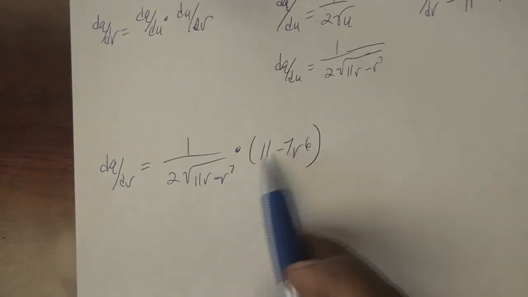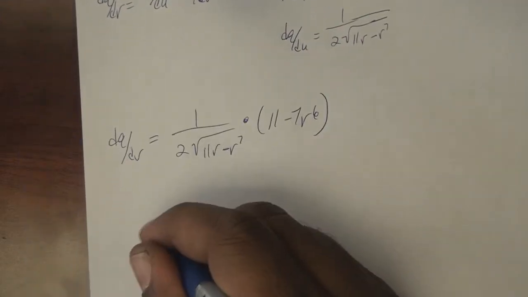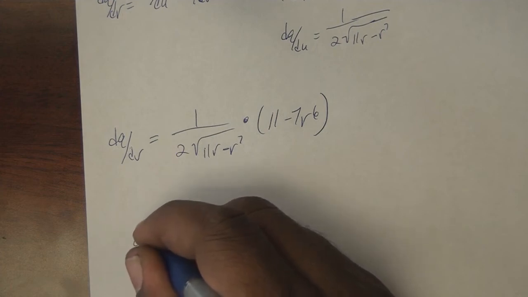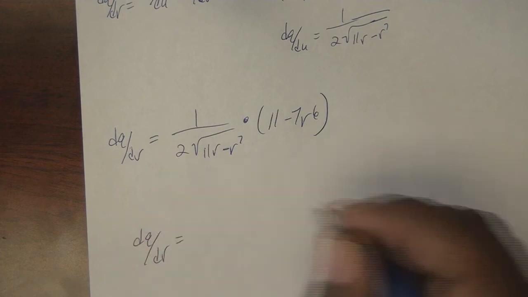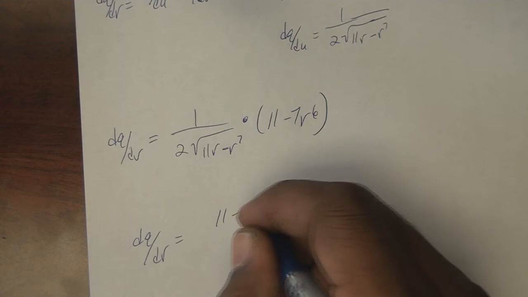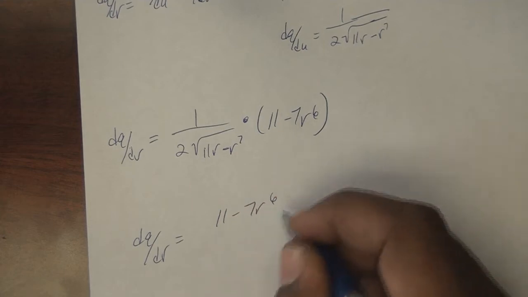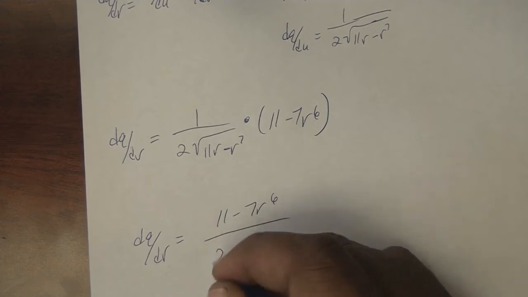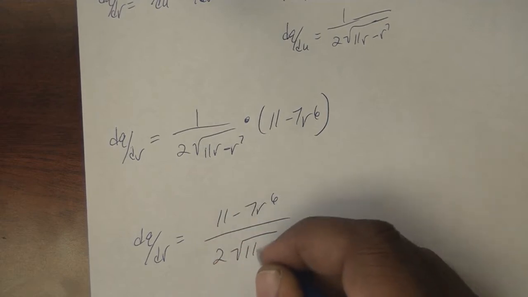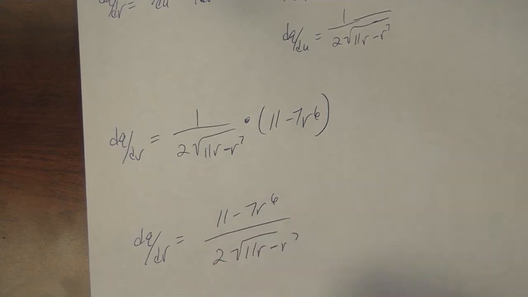I'll simply write this as one single term. So we have dq dr is equal to 11 minus 7r to the 6th over 2 times the square root of 11r minus r to the 7th power.